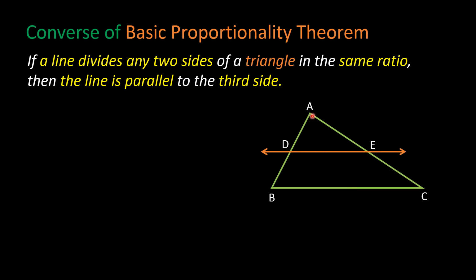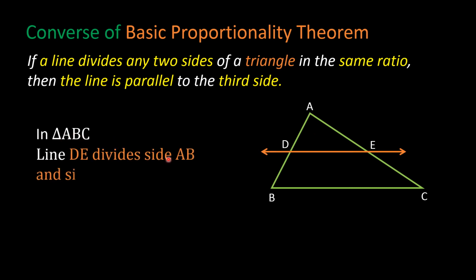In this triangle ABC, one line DE divides the two sides, that is AB and AC, in the same ratio. Okay, so this is the condition. So in triangle ABC, line DE divides side AB and side AC such that AD divided by DB equals AE divided by EC.